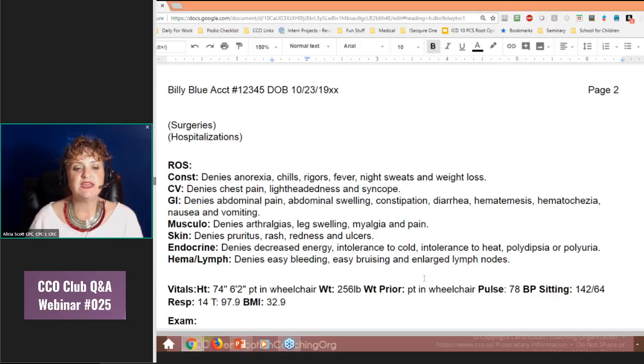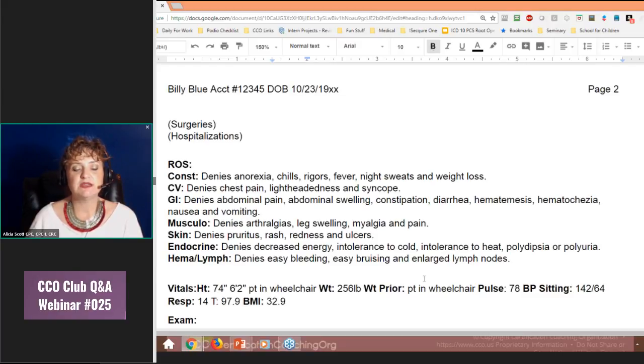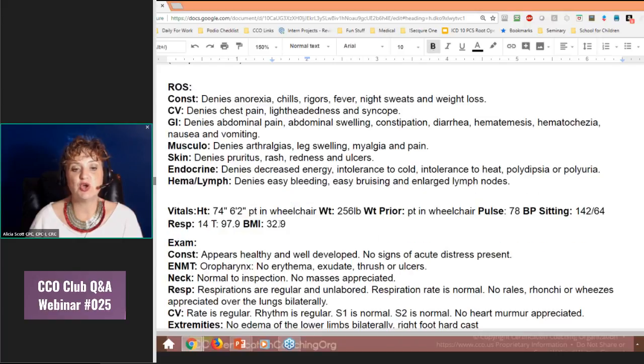All right, this right here is very important to note, because you can pull documentation off here like a BMI if it risk adjusts. Now, I'm not talking about pro-fee coding, but for risk adjustment, the only time you can pull it is if the BMI is very low or very high.